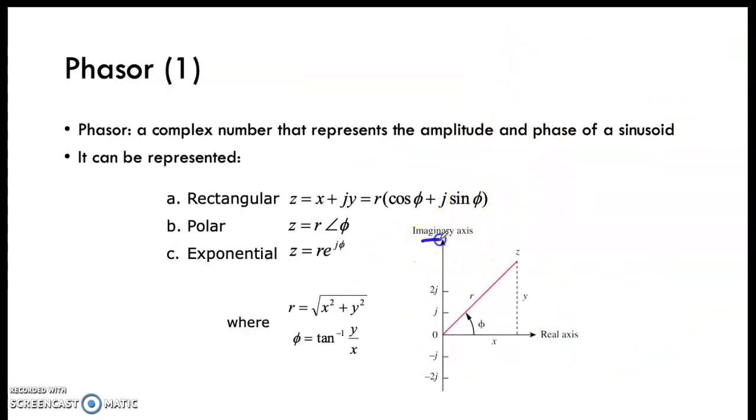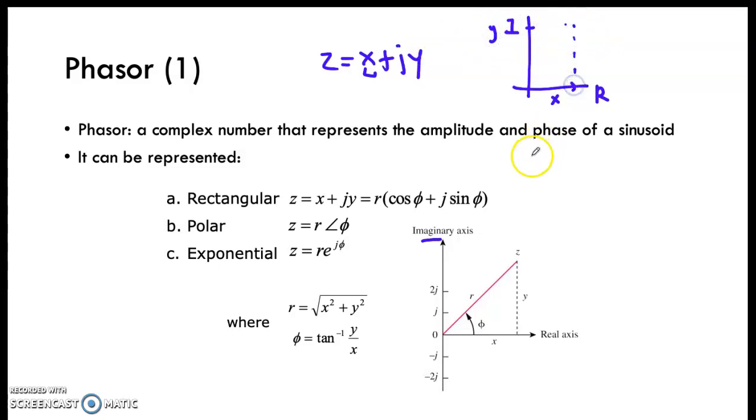This is what I said just now. The y-axis is the imaginary and here is the real. If we say z equals x plus jy, the real part is x and the imaginary part is y, the height here.